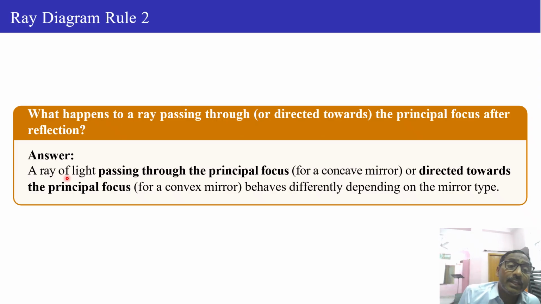A ray passing through the focus of a concave mirror, after reflection, will be parallel to the principal axis.